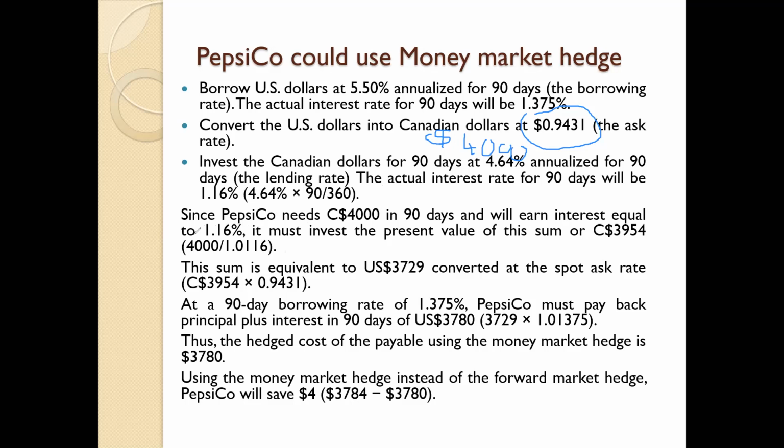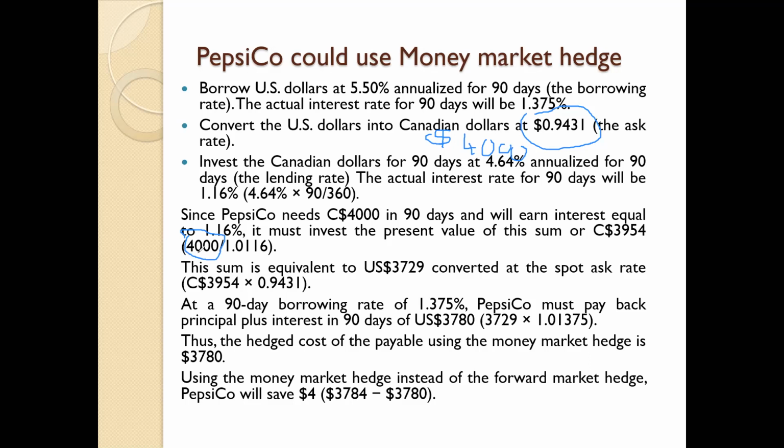Because we have to settle this 4,000 at the end of 3 months. That means at the end of 3 months, that person needs to have 4,000 Canadian dollars in hand.